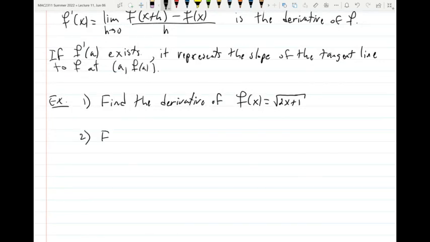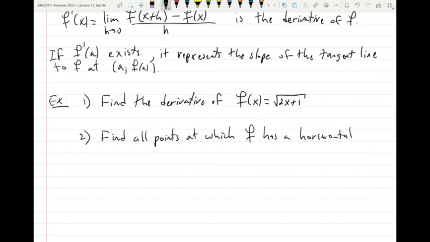And second, find all points on which f has a horizontal tangent line, for the function f of x equals 2x cubed plus x squared minus 2x minus 1.